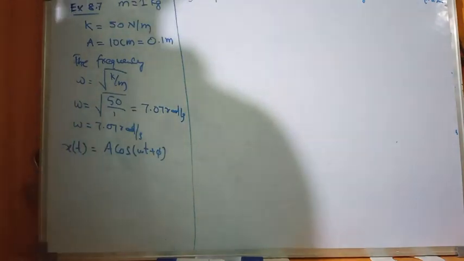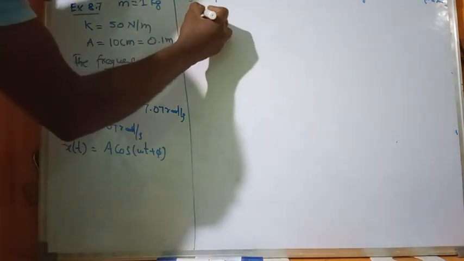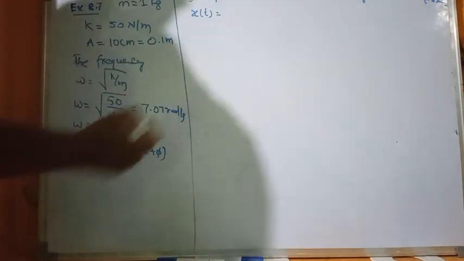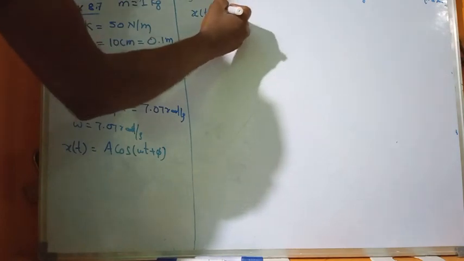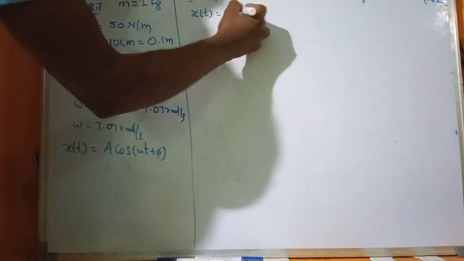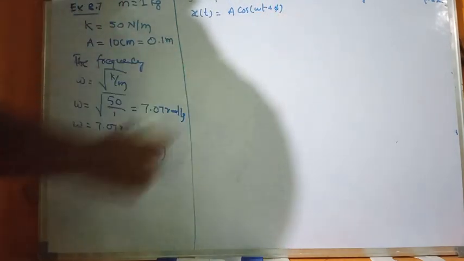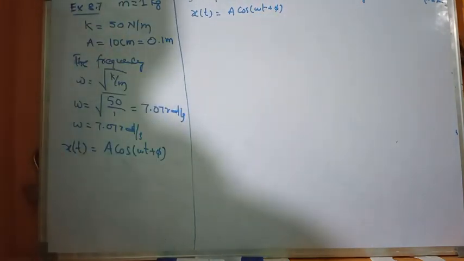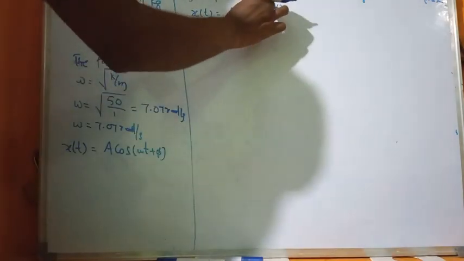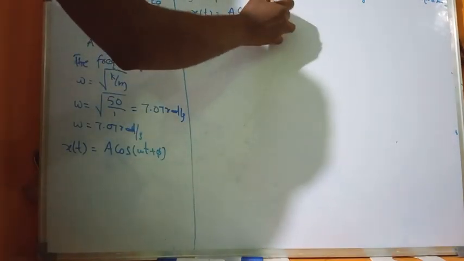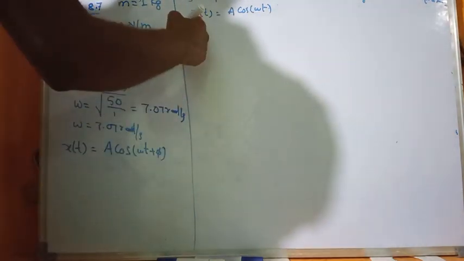According to our formula, x of t is equal to a cos(omega t plus phi). The phase constant is not given, so we take only up to omega t.